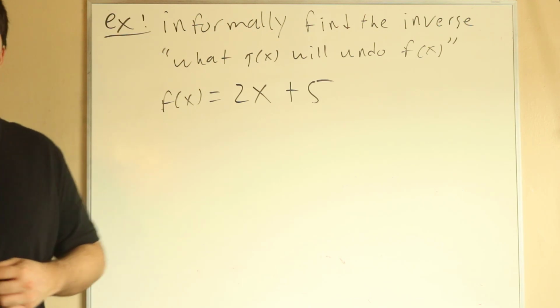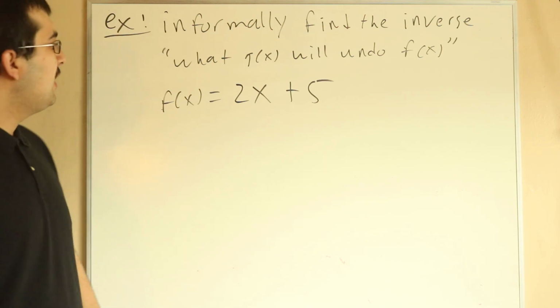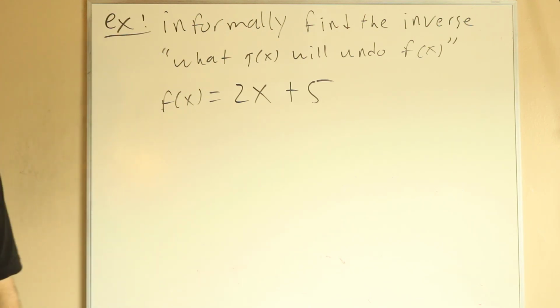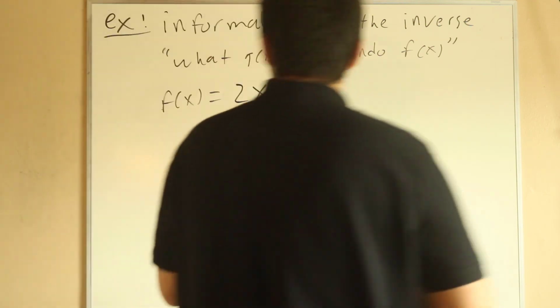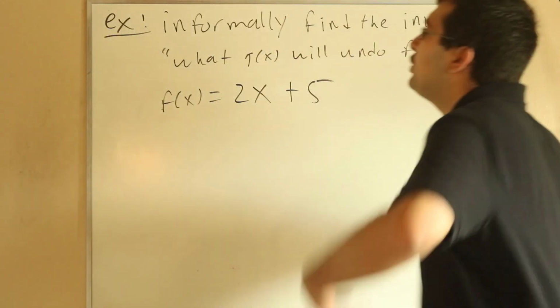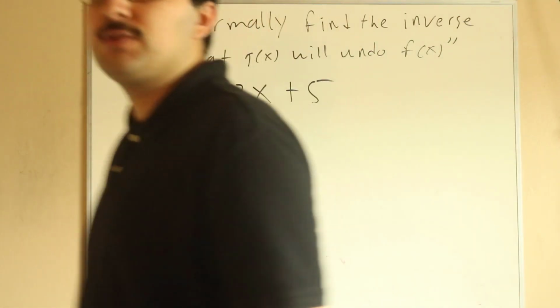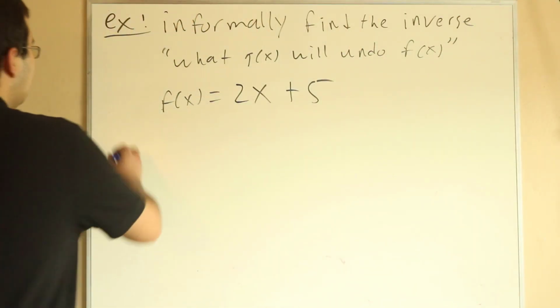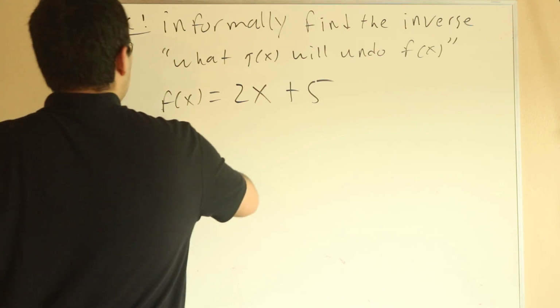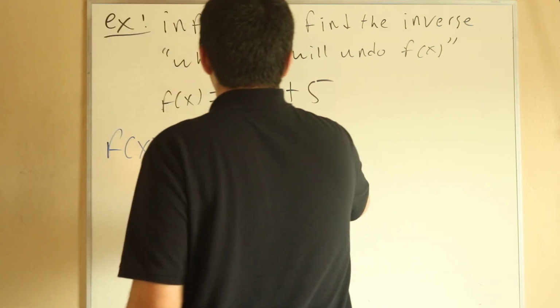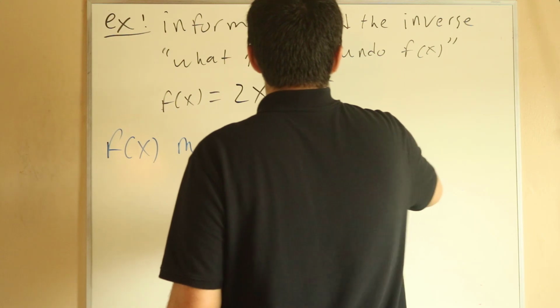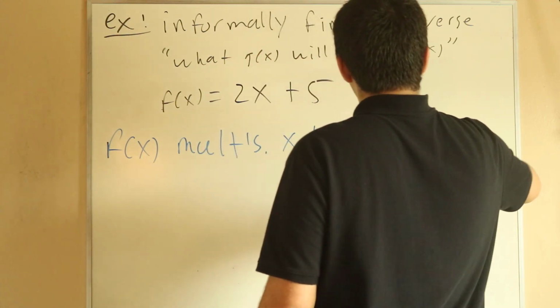Same premise, let's talk about informally finding the inverse, and the function we'll consider now is 2x plus 5. Okay? So then, yet again, just because we're doing this informally, let's take the time to describe what this function is doing in words. Okay? So f of x multiplies x by 2, then adds 5.